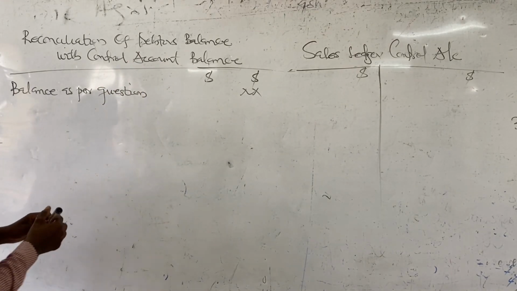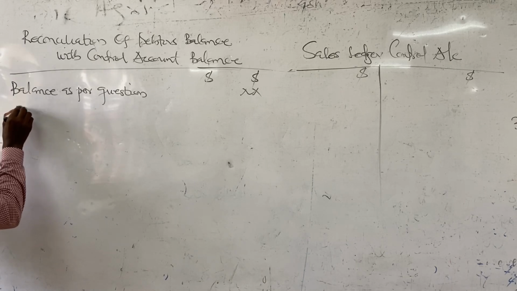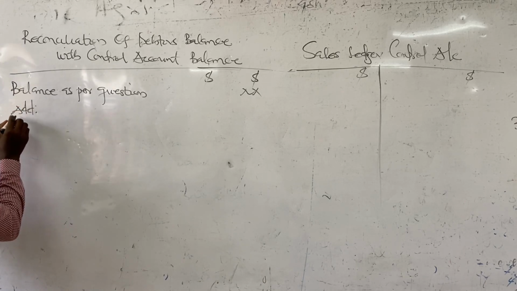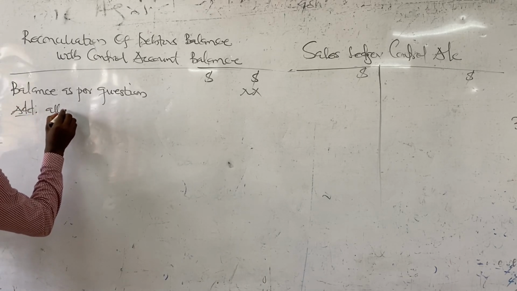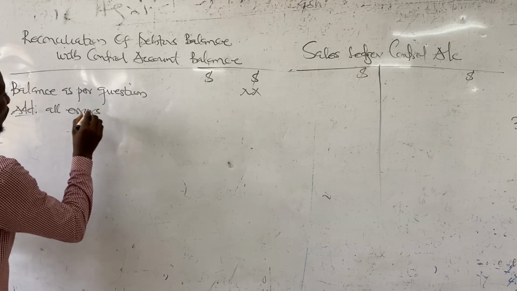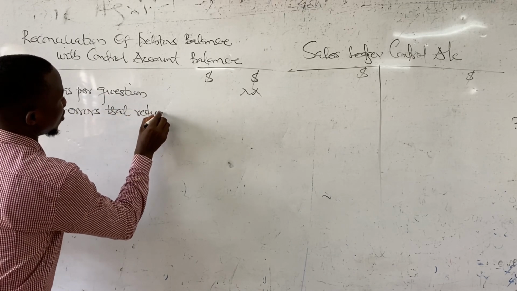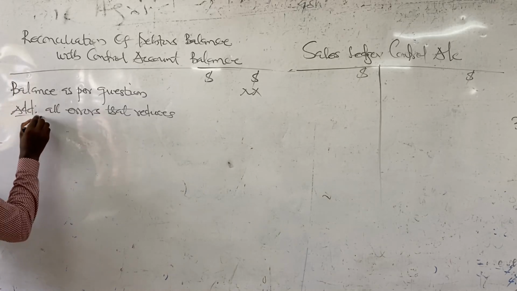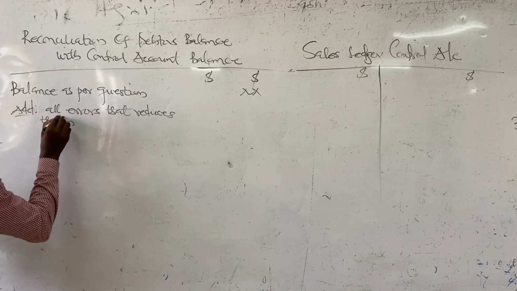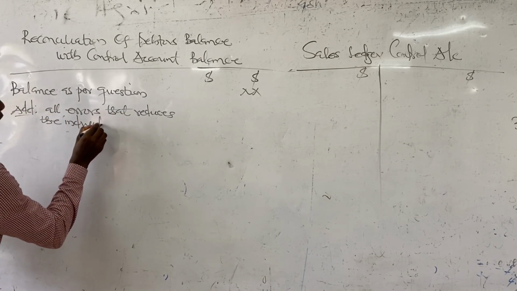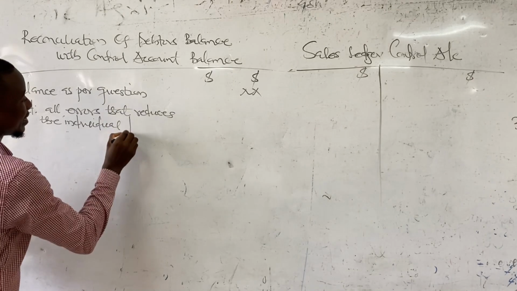Is that okay? Good. So we add all errors that reduce the individual debtors balance.